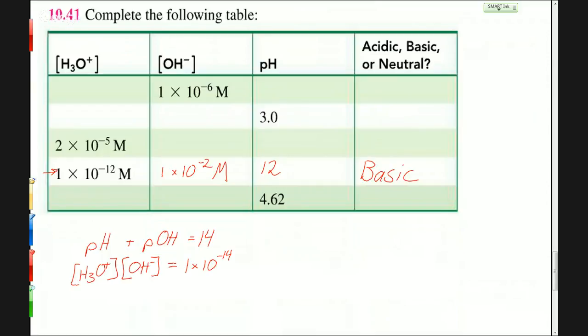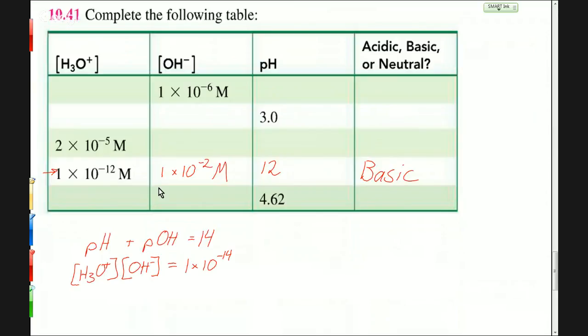If we write only 2, that's wrong, because that is the pOH, the negative log of that. If we want the actual concentration, then it must be in this kind of form, because it's a smaller number.